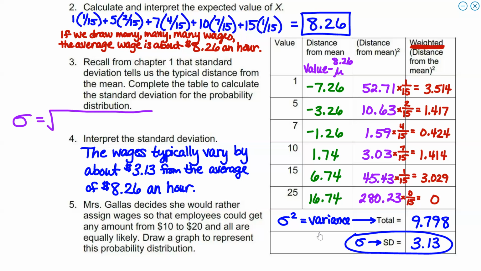Now I want you to tell me, from left to right in this table, what did we do? What did we start off doing in this column? Yep, we subtracted from our expected, or we subtracted our expected value.